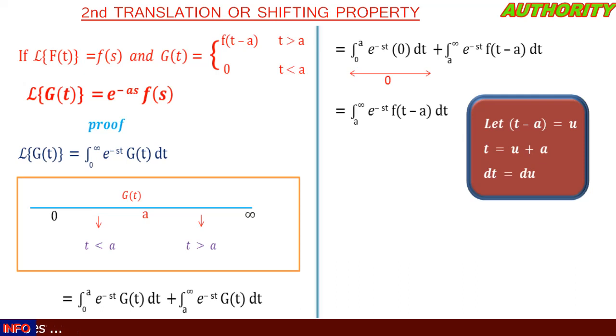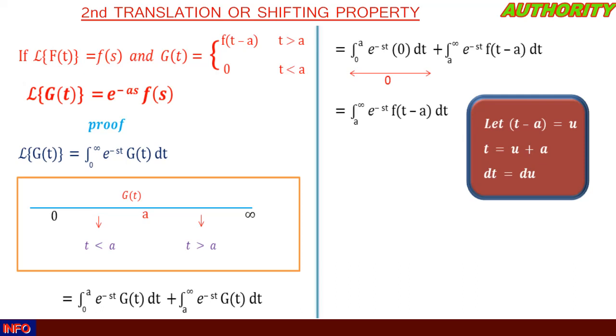Again, we have t minus a is equal to u. Can we make t the subject? Yes. We take a to the other side, which gives us u plus a. So anywhere we see t minus a, we write u. Anywhere we see t, we write u plus a.